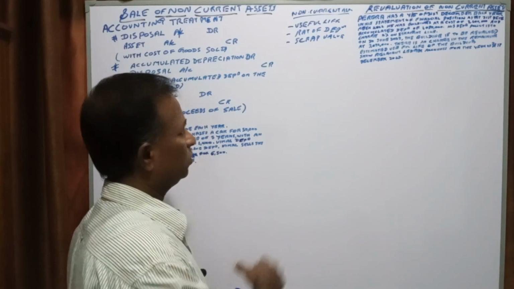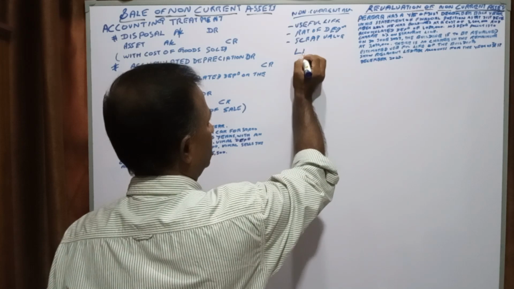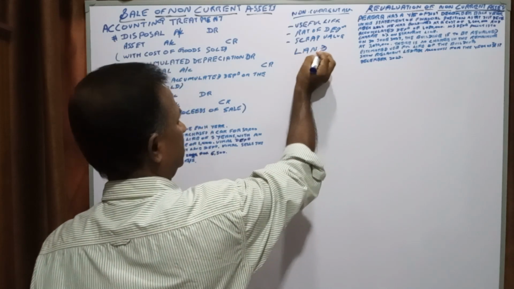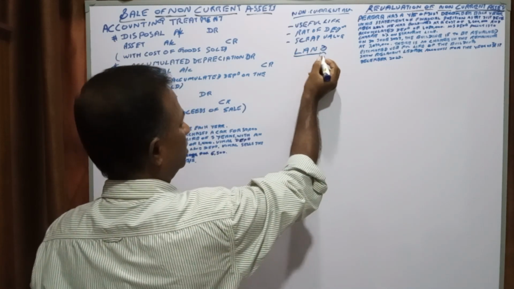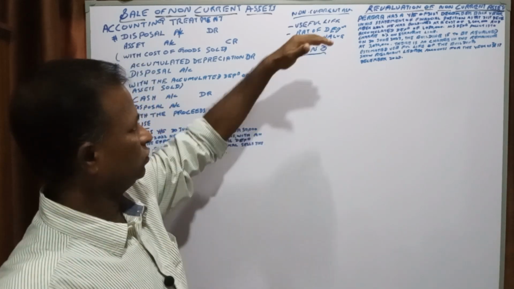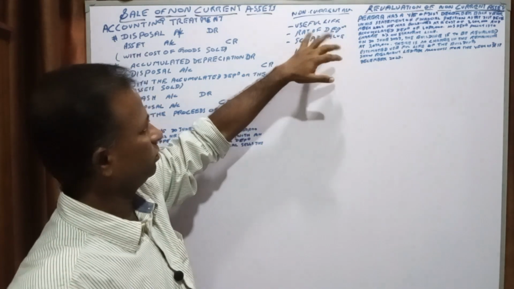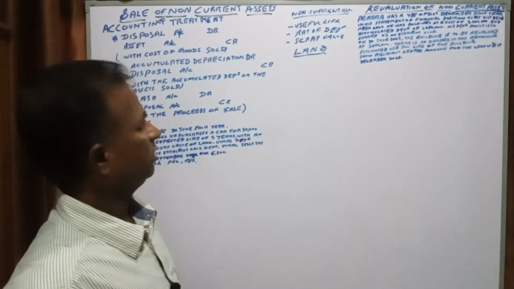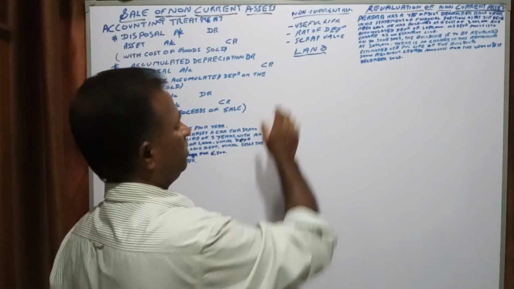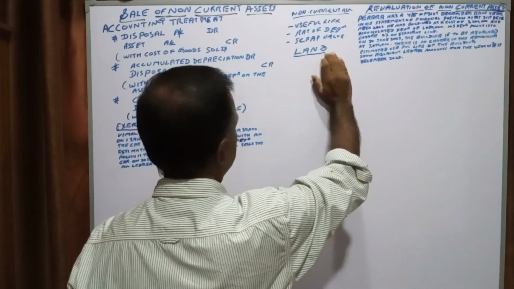So other than land, all the non-current assets have a useful life, which means lifespan. And other than land, we make a depreciation for all the non-current assets.